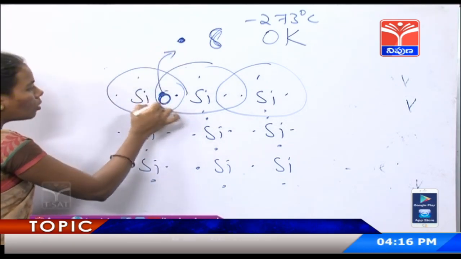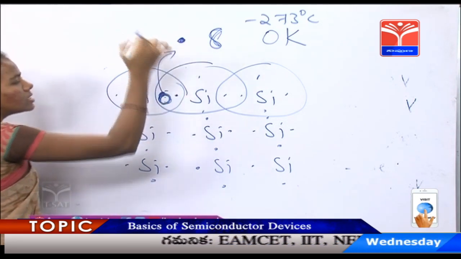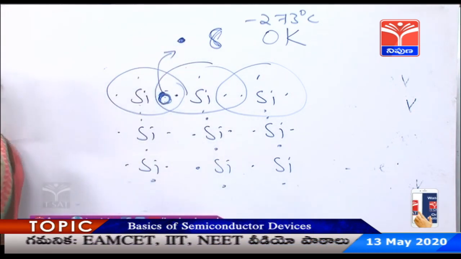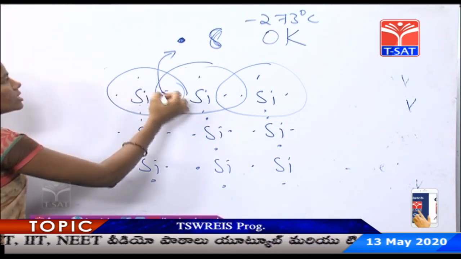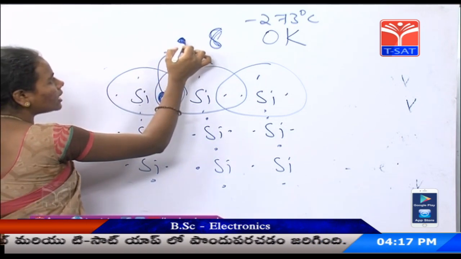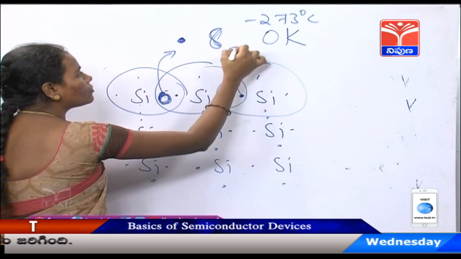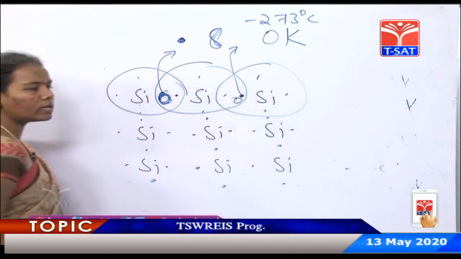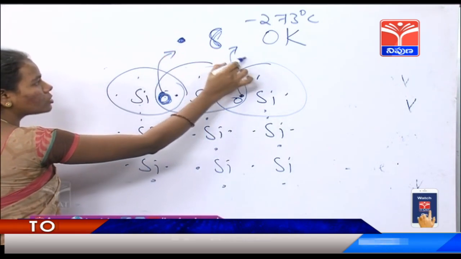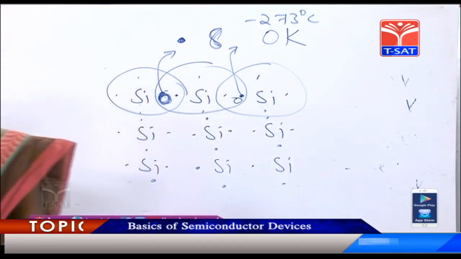The number of holes and the number of electrons in pure semiconductors are equal, because whenever one electron is left from here, there will be a hole here. So the number of electrons will be equal to the number of holes in an intrinsic semiconductor.